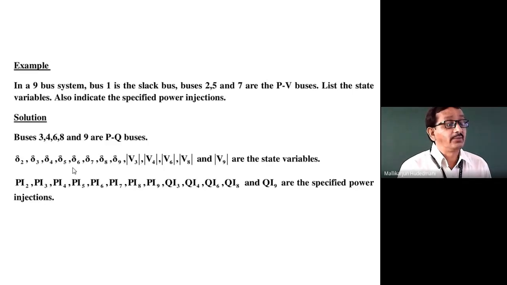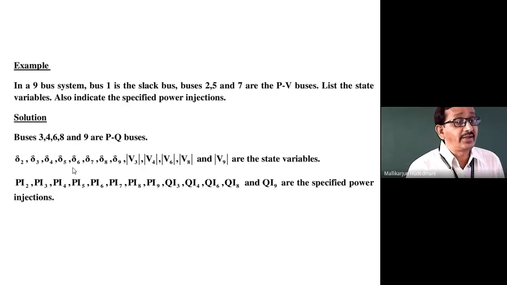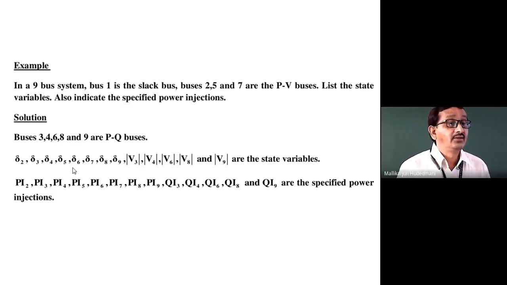This is the first state variable. Another variable is voltage magnitude. How many voltage magnitudes do you need to determine? Look very specifically. 2, 5, 7 are PV buses. What does it indicate? Voltages are given at those buses. Among the 8 buses, I will leave the slack bus, and 3 are generator buses by type. Only buses 3, 4, 6, 8, 9 haven't been given a voltage.